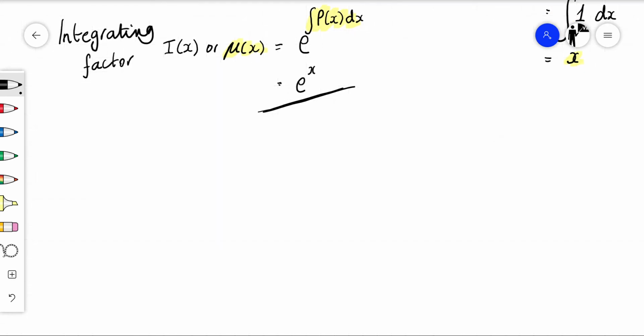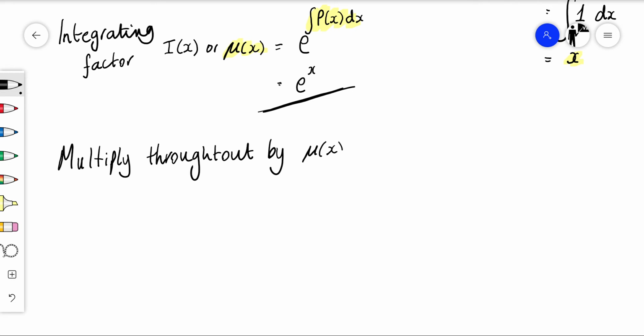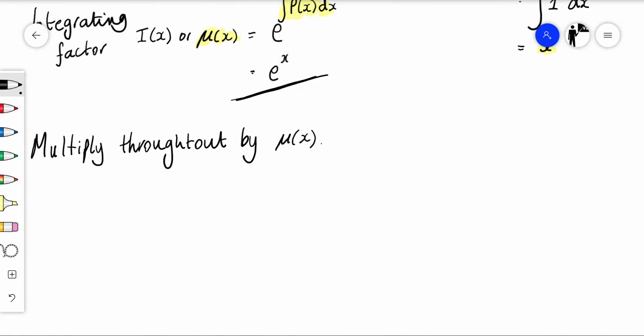Once we've found our integrating factor, we multiply throughout by the integrating factor. And I'll just say generally what happens, and this will always be the case when we multiply through by the integrating factor.